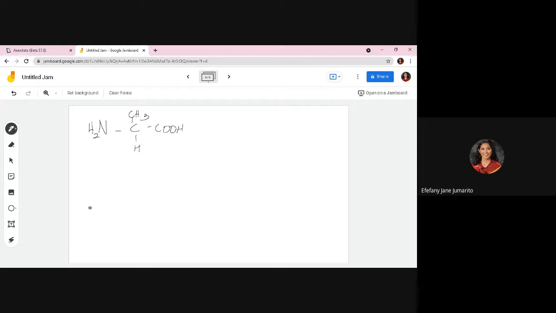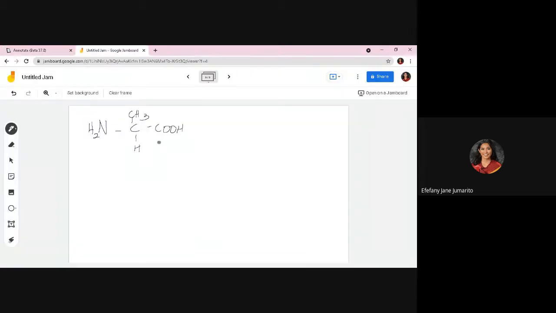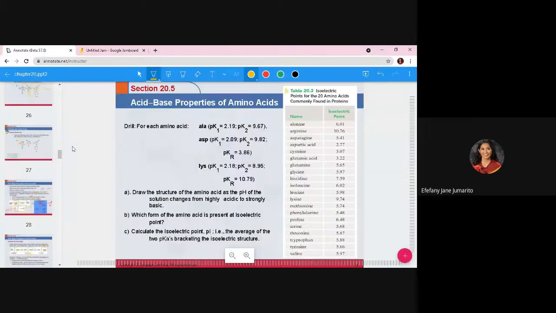Now it says that the pK of alanine, pK1, is 2.19, and this one is 9.67.